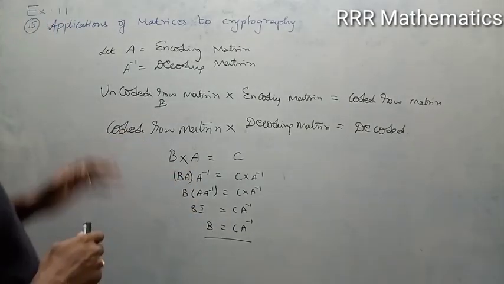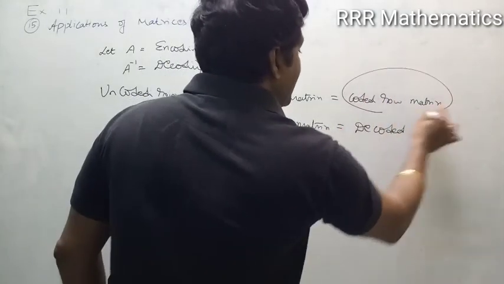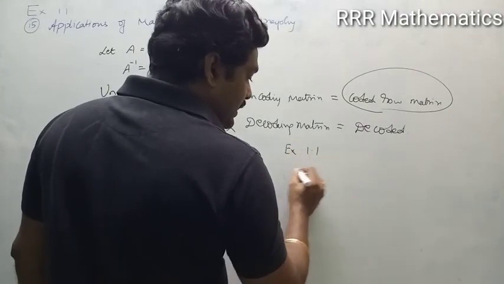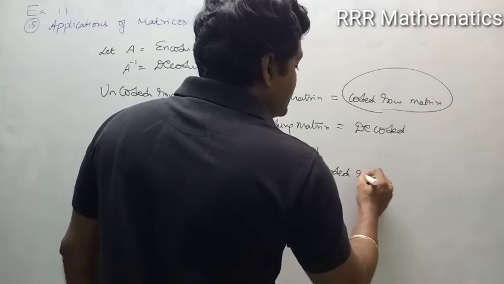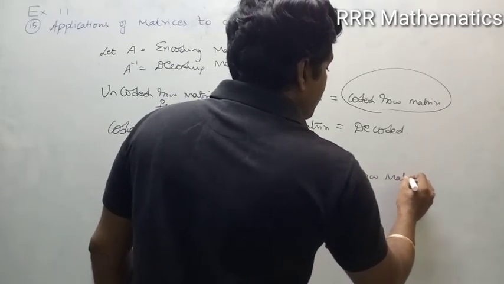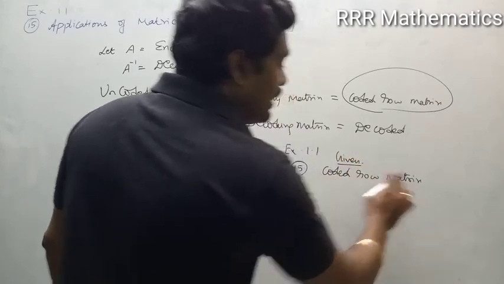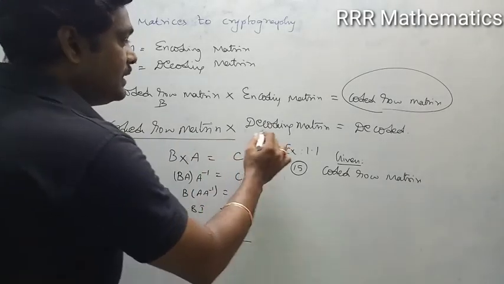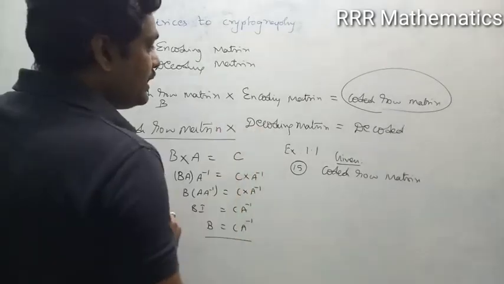But in exercise 1.1, 15th problem, the coded row matrix is given. So what do we want to do? Coded row matrix into decoding gives decoded. What is decoding?